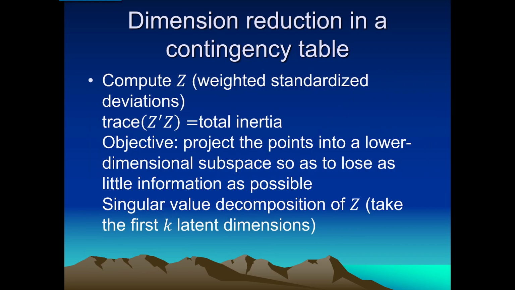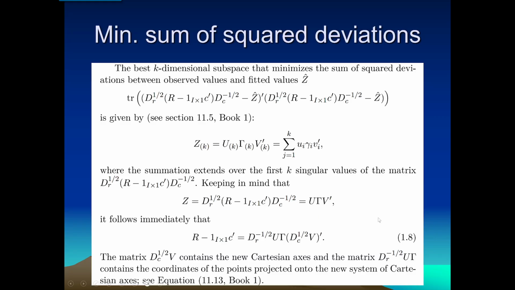When you have a centered matrix, you do the SVD, the singular value decomposition of Z. And then you see, this is our Z. So you want the sum of squares of the difference between this matrix and Z hat to be as small as possible.